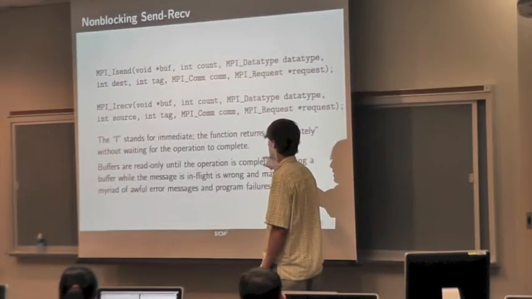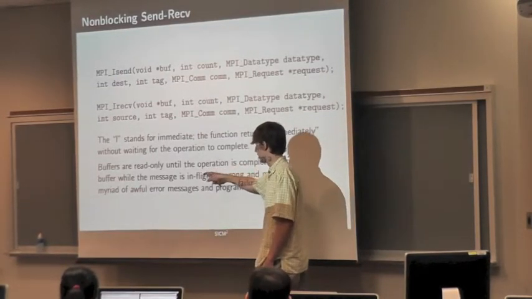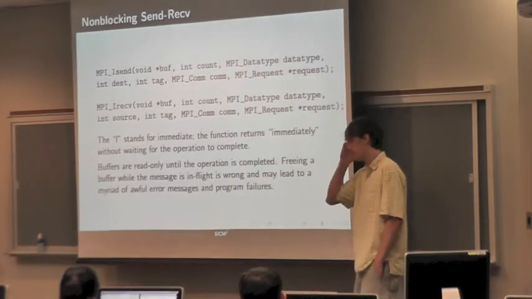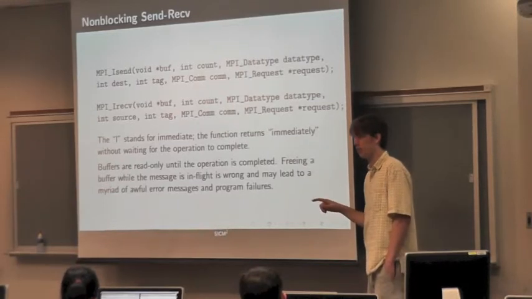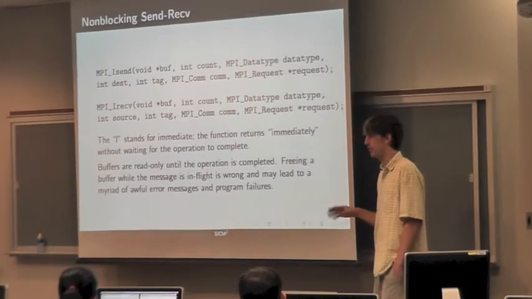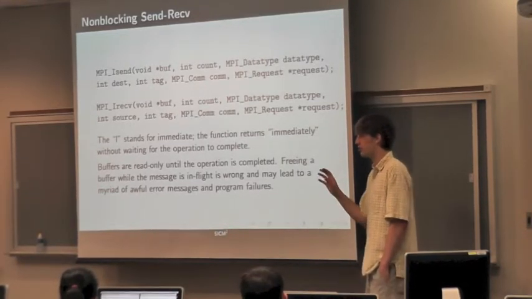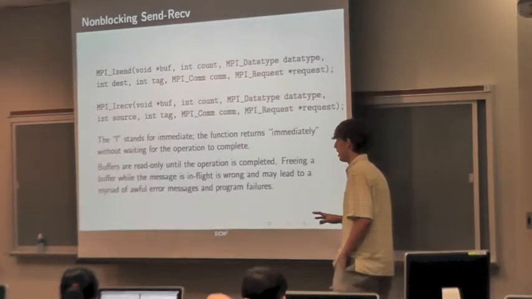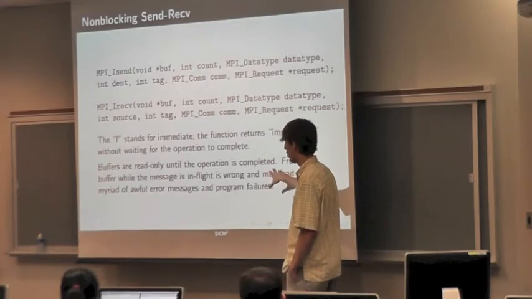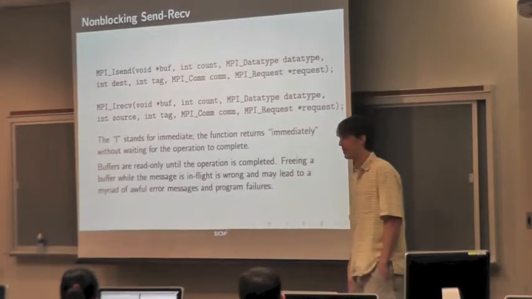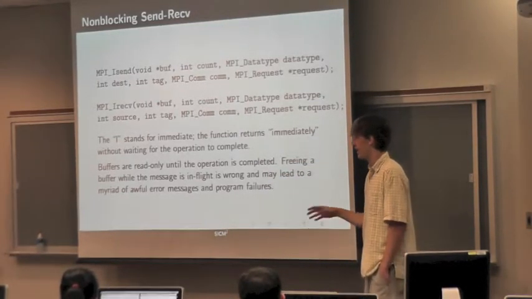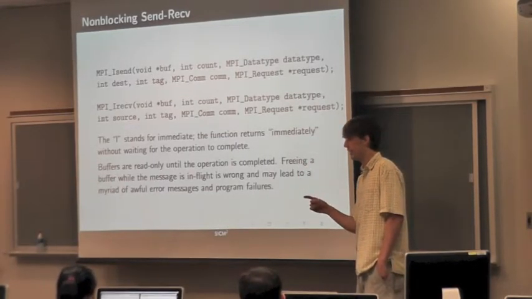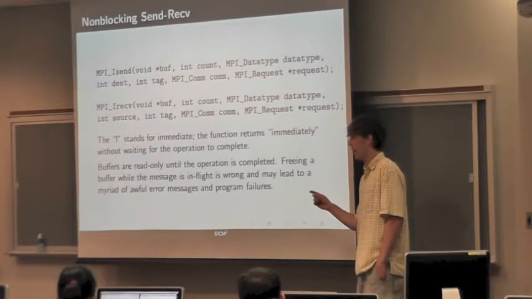Now, for incomplete, non-blocking send and receives, the buffers are read-only. They fixed this in MPI 2.2 because users weren't obeying the rules and they were reading their buffers while they were in flight, which is totally valid, except in weirdo implementations. So now it's okay to read them. You cannot write to the buffer, and you cannot free the buffer. So if you do an ISend and then call free, God only knows what happens.